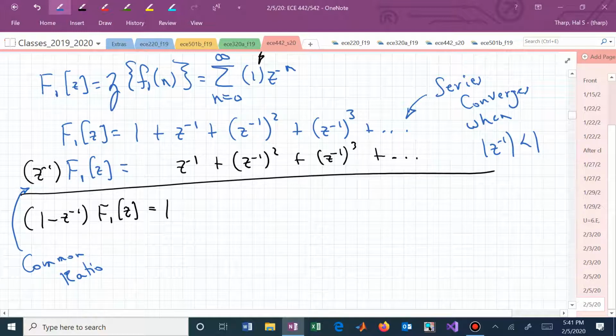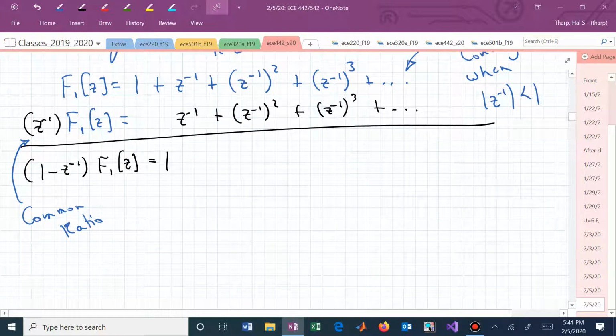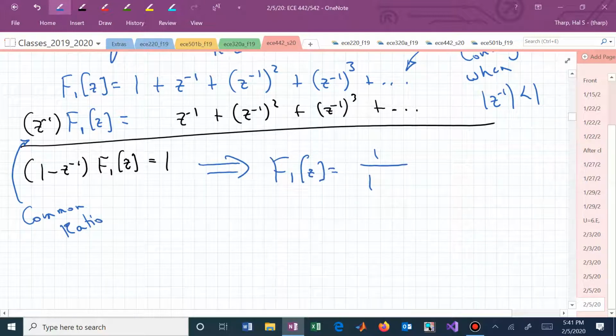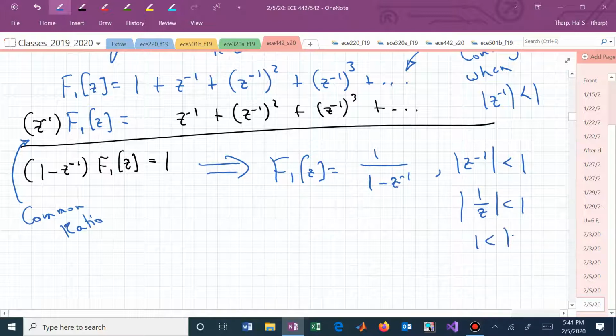That magnitude is less than 1, and then we have f sub 1 of z equaling 1 over 1 minus z to the minus 1, as long as the magnitude of z to the minus 1 is less than 1. Or z is outside a disk of radius 1.